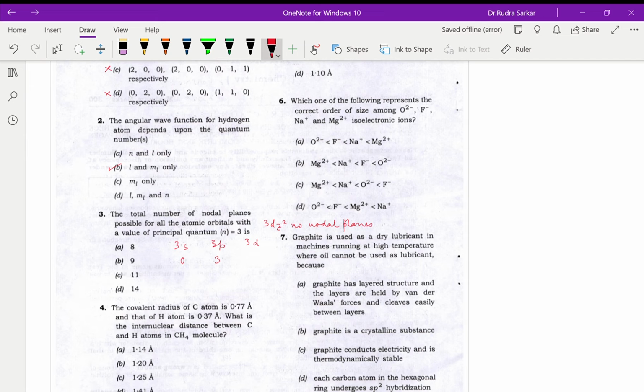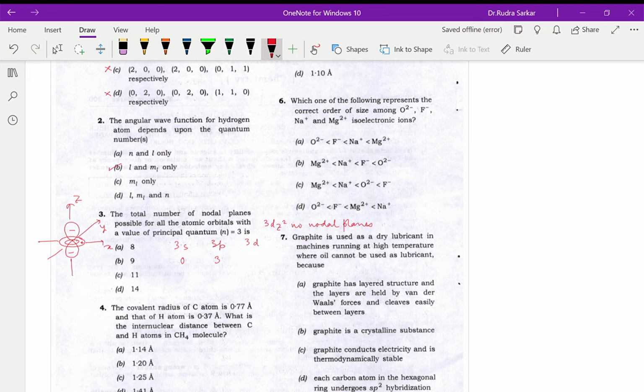For 3d, we know that 3dz square, we say no nodal planes. Okay, because this is how it looks. Minus, minus, and then you have a donut in between, which is plus. So as you can see, there can be no nodal planes for this type of orbital. Okay, this is z, y, and this is x.